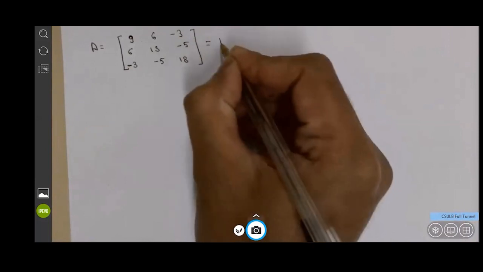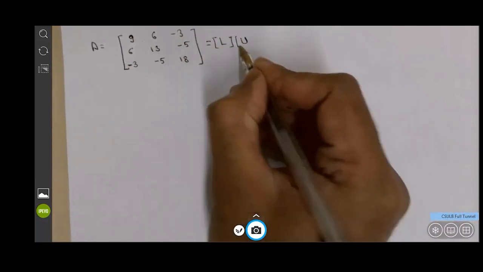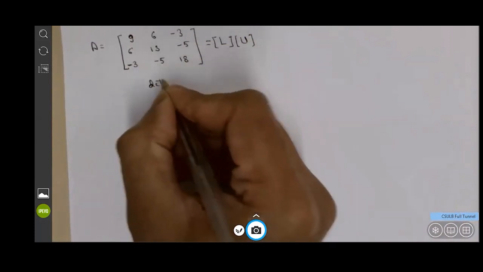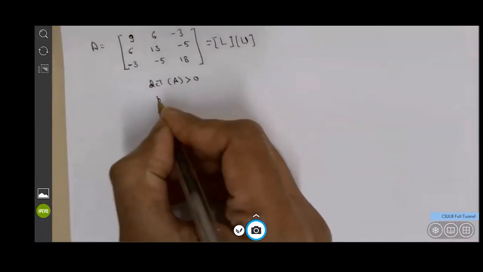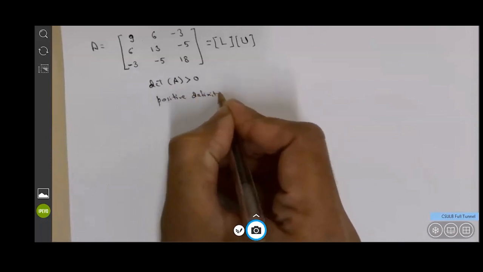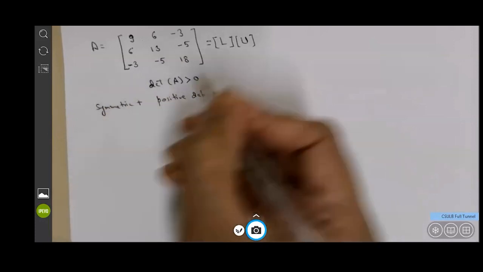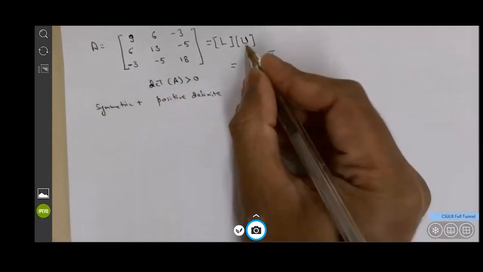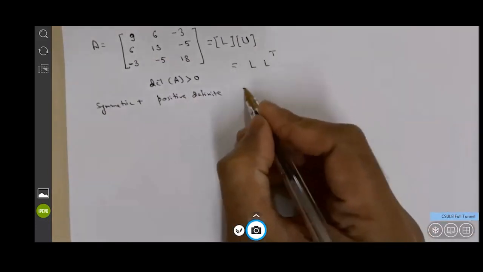If I have to do the LU decomposition, lower triangular and upper triangular, just because this is symmetric and my determinant of A is greater than 0, it is positive definite as well. So LU decomposition becomes L times L transpose because U is just equal to L transpose. Is everybody with me so far?